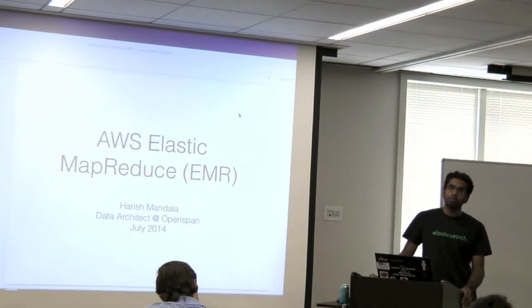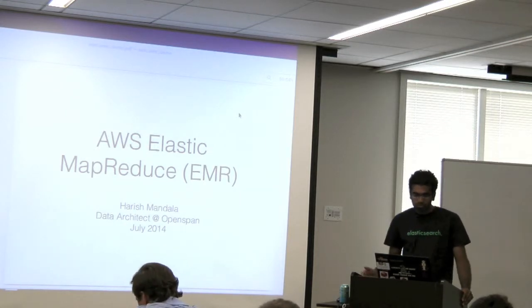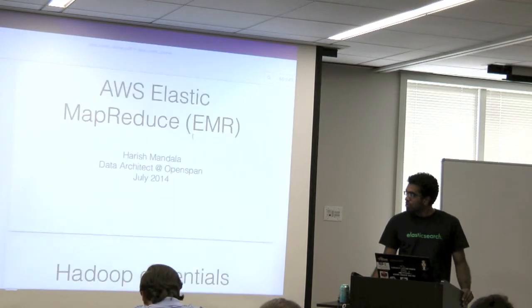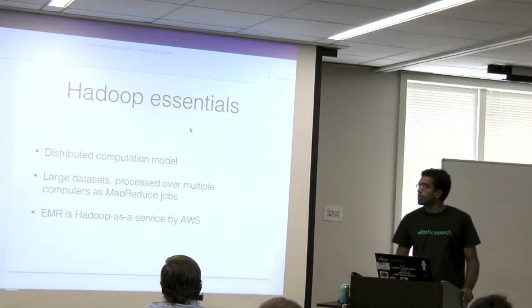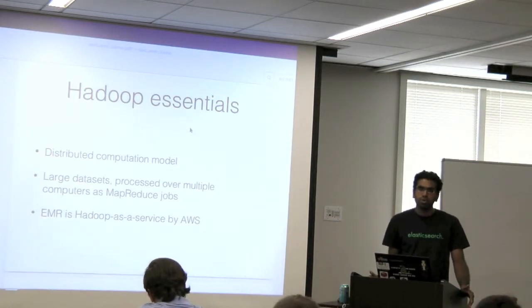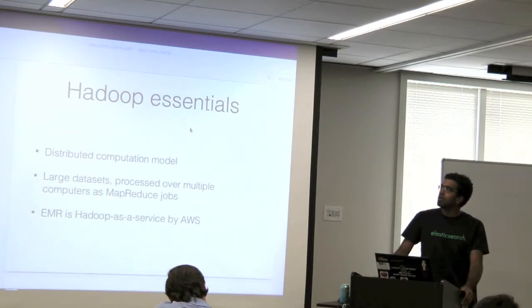So we should probably begin with a brief introduction to Hadoop and what it does. What about MapReduce? Are you familiar with the paradigm in general? Okay, so I guess we just begin with an introduction then.